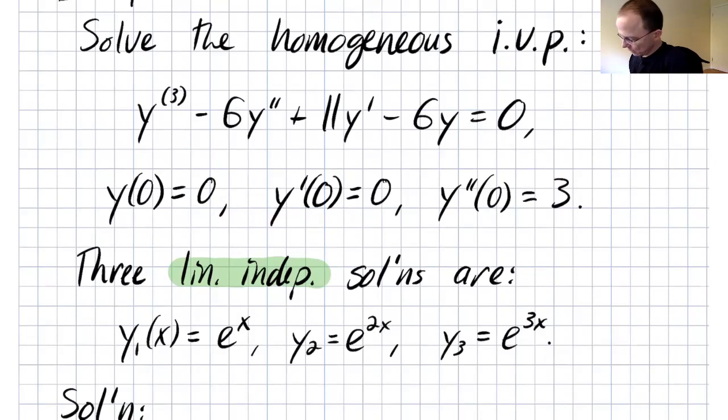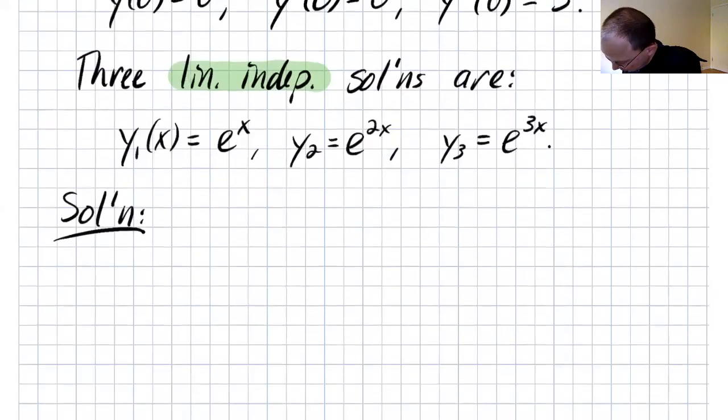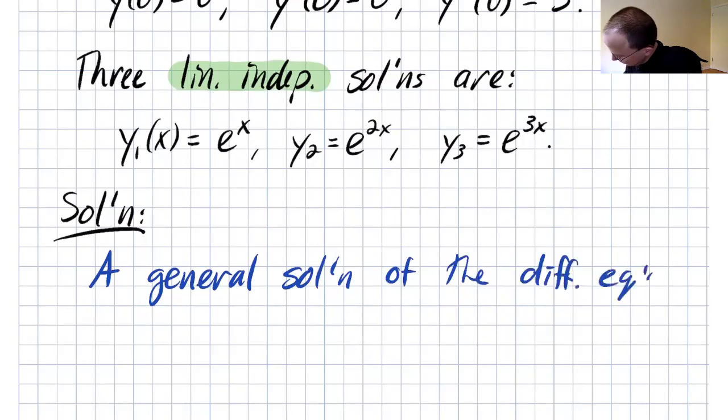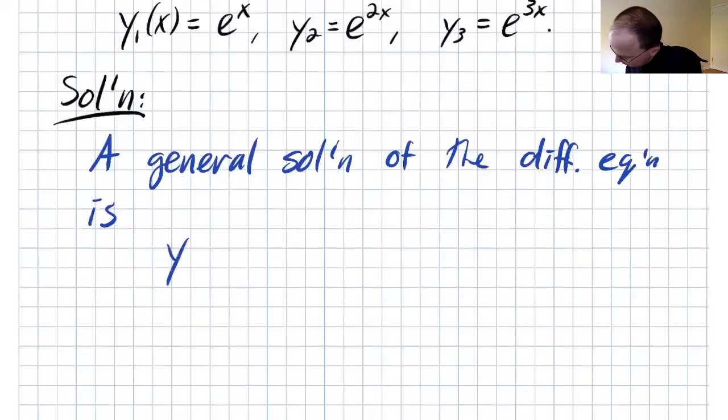Okay, so let's do this. So maybe not the general solution, but a general solution of the differential equation is, and it is the complementary solution, but we're just dealing with a homogeneous equation.